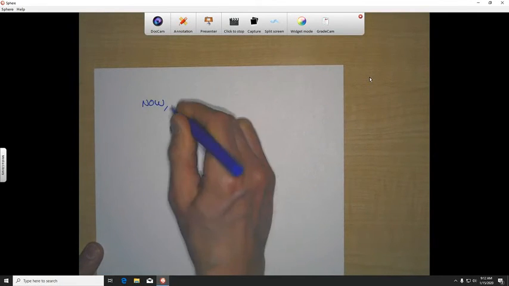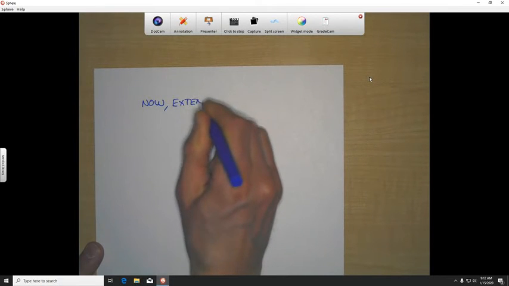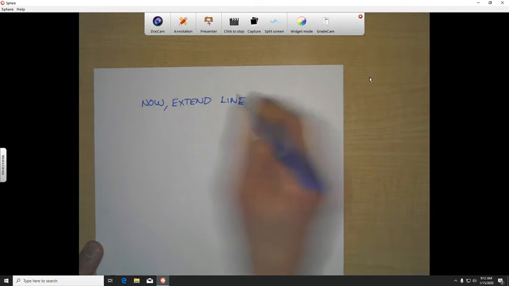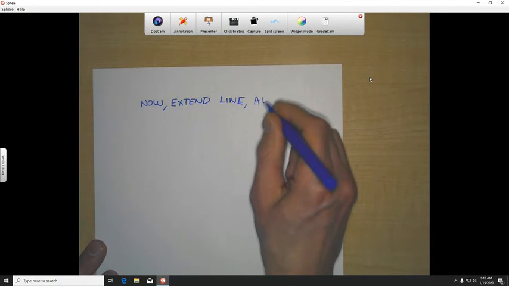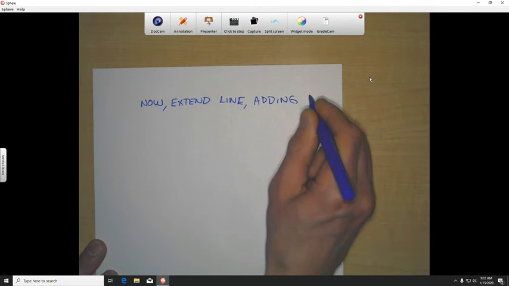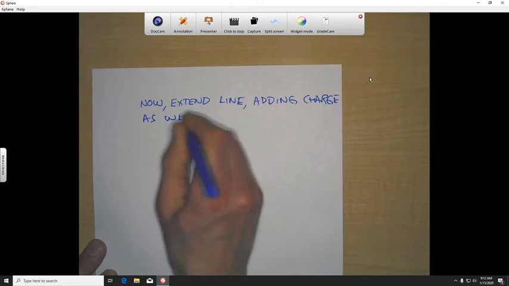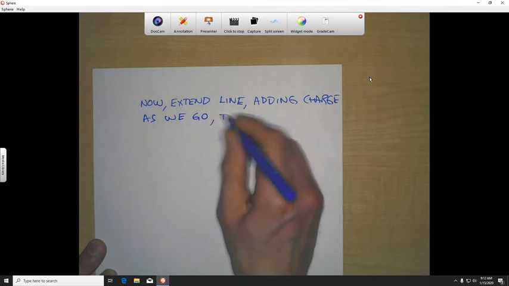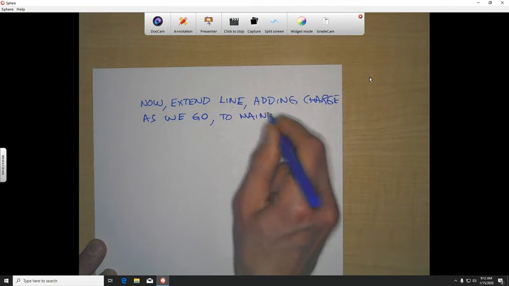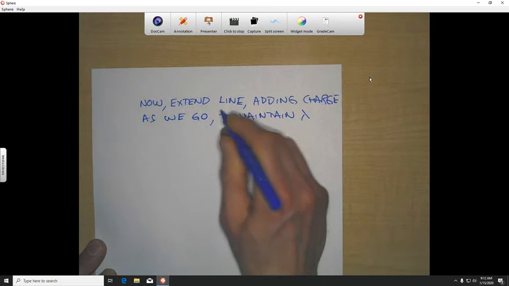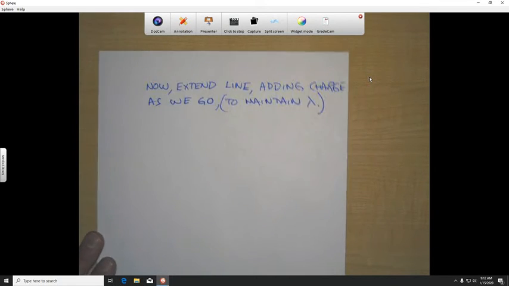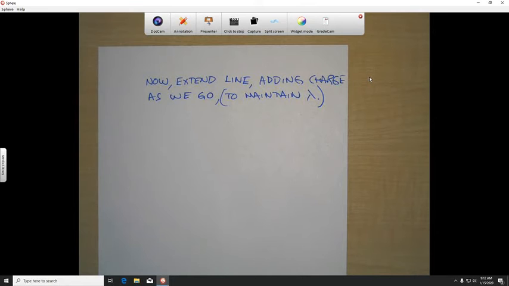Now we're going to extend the line, and we're going to be careful to be adding charge as we go to maintain lambda, right? So if you want to stretch the line out to infinity, that's fine, but make sure that you're also adding charge as you go. Otherwise, the charge will spread out to nothing.